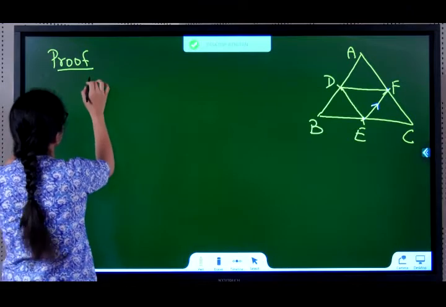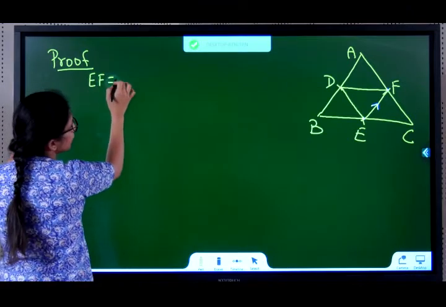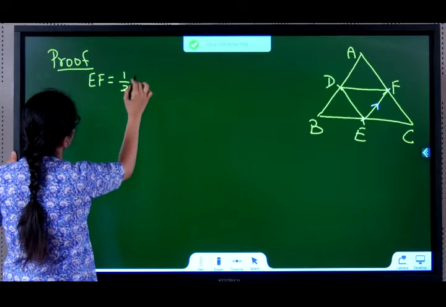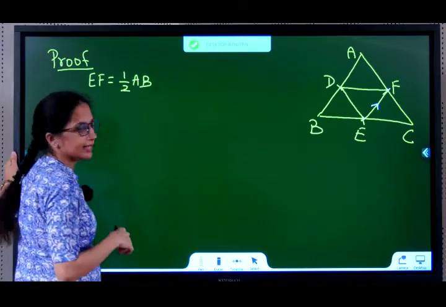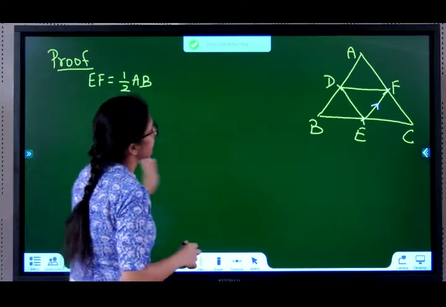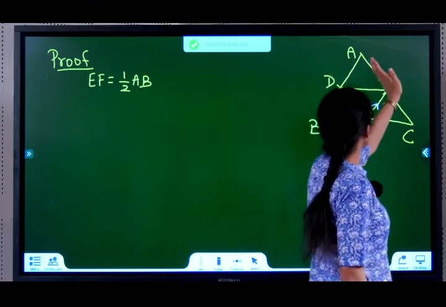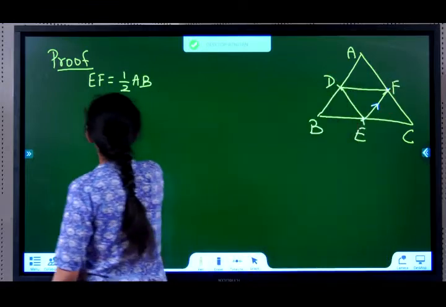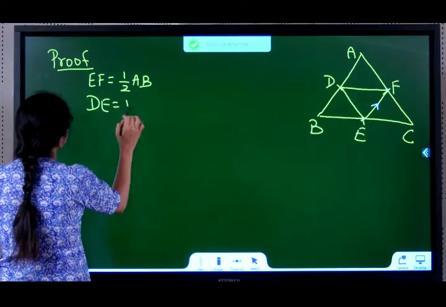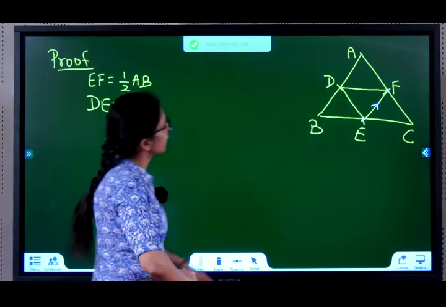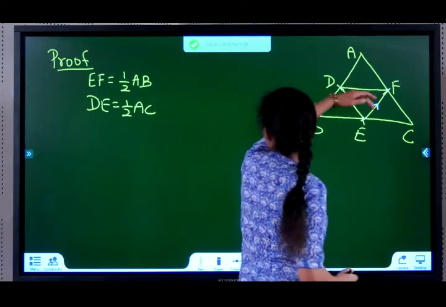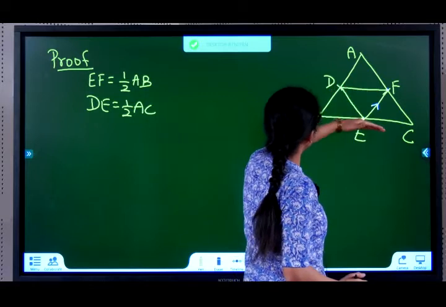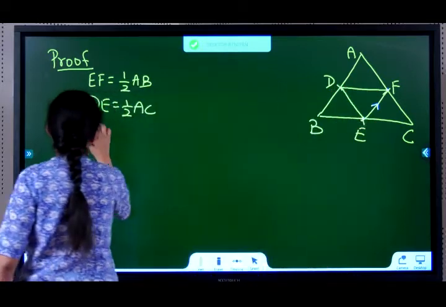Can I write EF is equal to half AB? Yes, I can. Can I similarly write DE is equal to half AC? Yes, I can. Can I then write DF is equal to half BC?